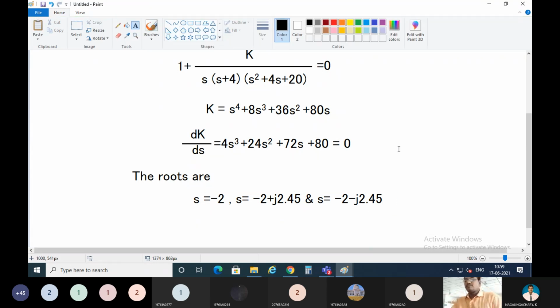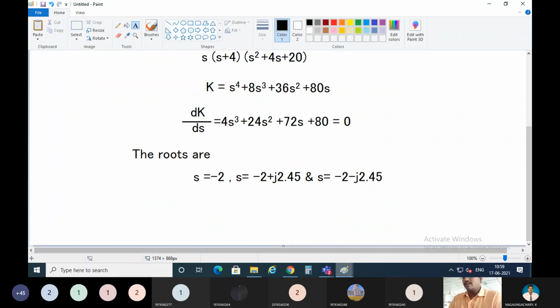These are the candidate breakaway points. Which of these is a valid breakaway point? I think there is one valid breakaway point on the real axis.